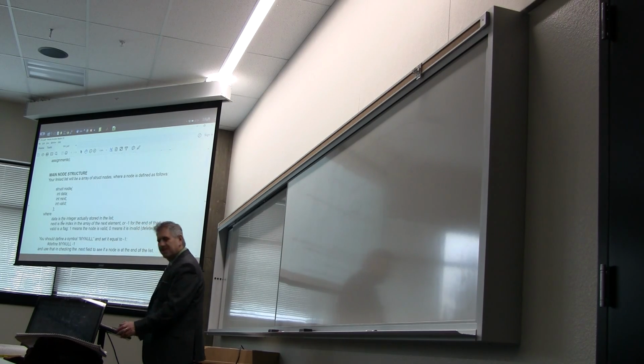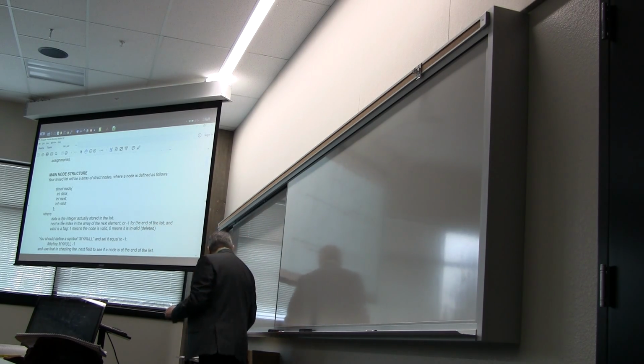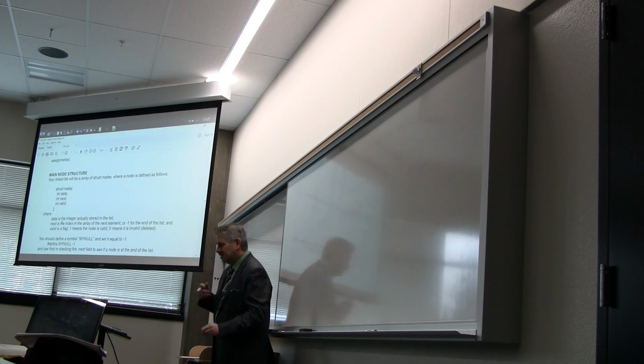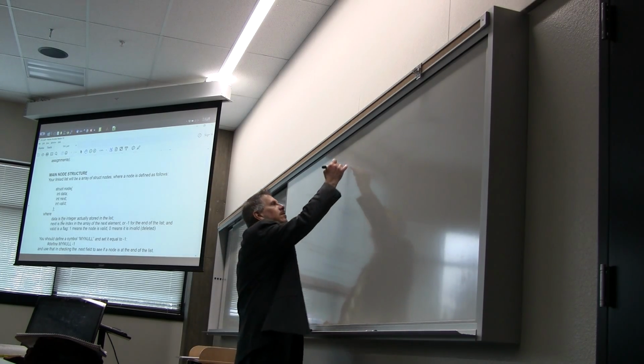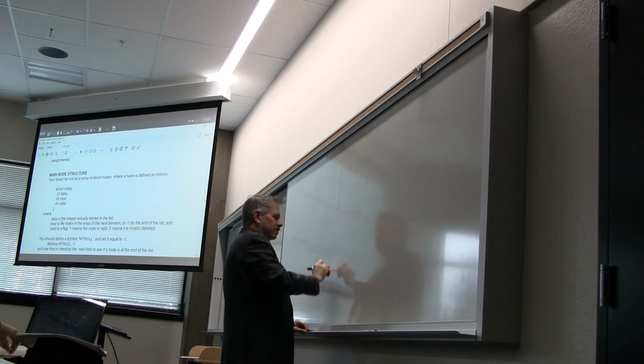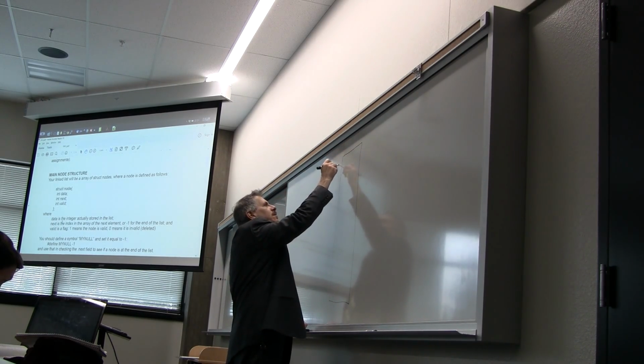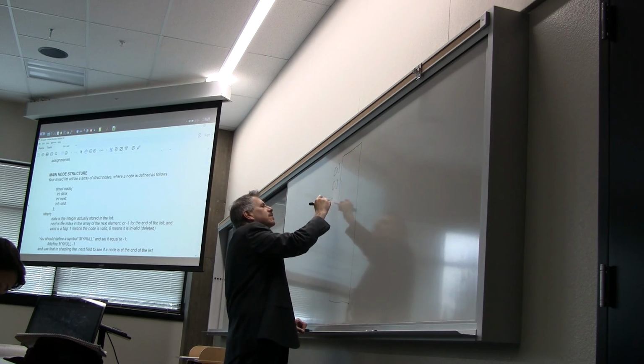All right, so we were looking at a data structure that I call the linked list, and it's implemented with an array. And the idea was, we had an array like this.